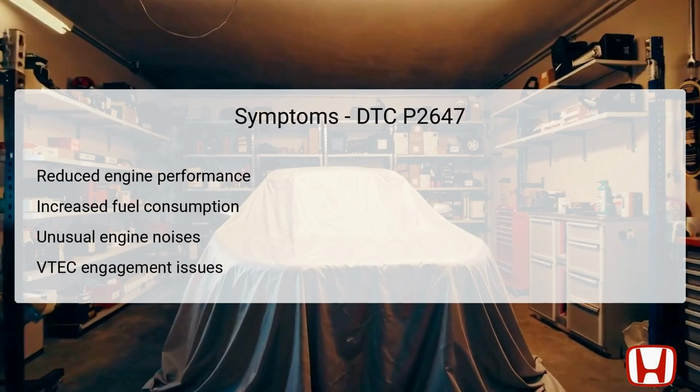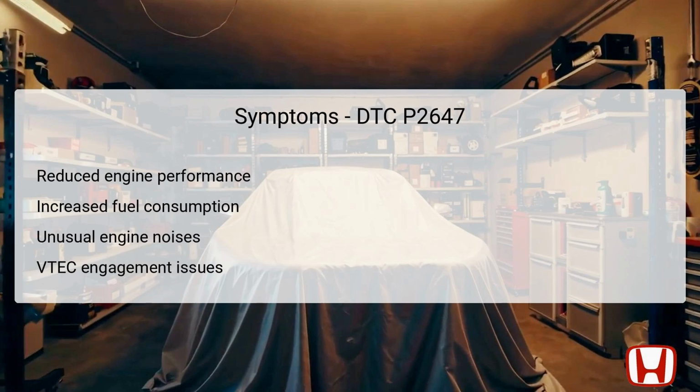When DTC P2647 occurs, drivers may experience several noticeable symptoms impacting the functionality of the Honda Civic. One of the most immediate effects is reduced engine performance. The vehicle may feel sluggish during acceleration due to incorrect valve timing.